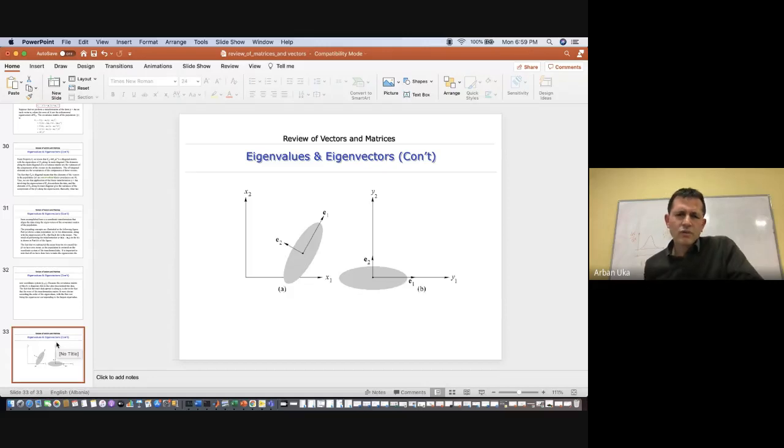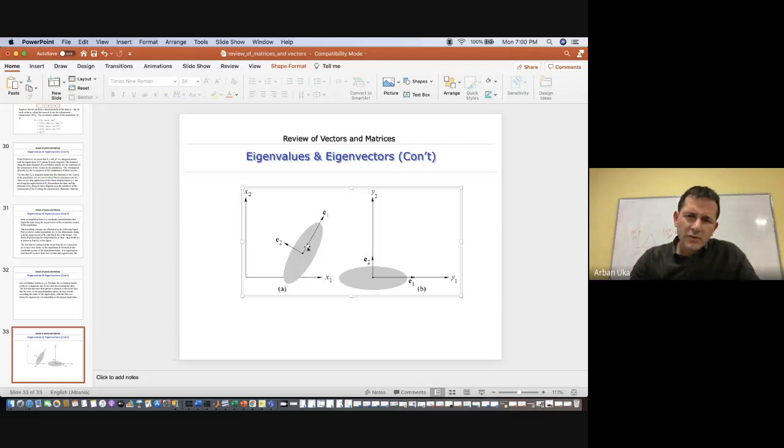So in this case, here we have two distributions, both elliptical, and in both cases, if we try to determine the major axis, we find one axis over which the variance is minimum, and another axis over which the variance is maximum. So these eigenvalues correspond or are equivalent to the variance. In the first elliptic shape here, we notice that we have a major variance along the axis E1, and a minor or minimum variance along the orthogonal direction, which is E2.